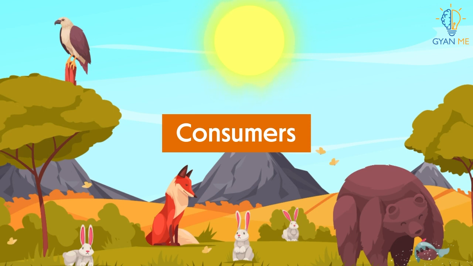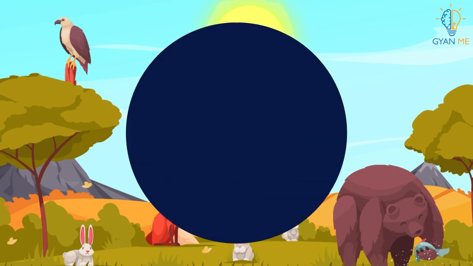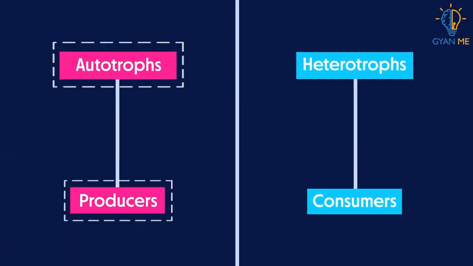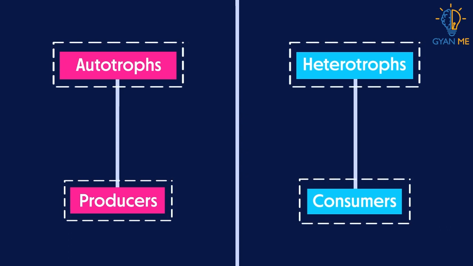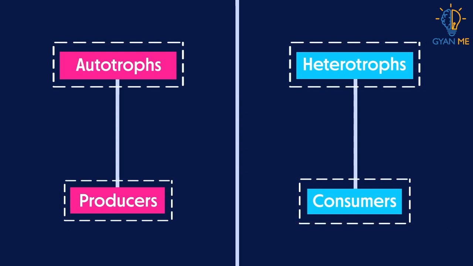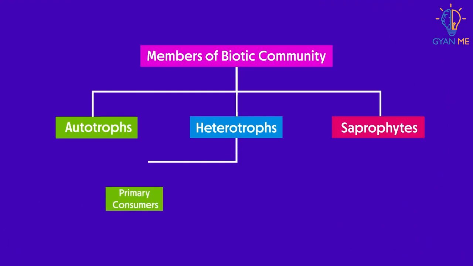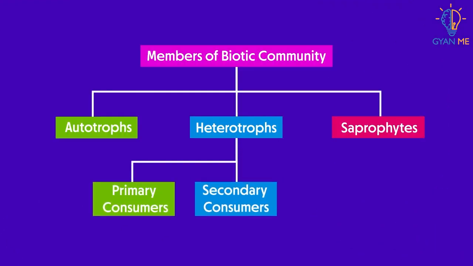That is, they depend on other organisms for food. So students, don't get confused. Autotrophs are producers and heterotrophs are consumers.